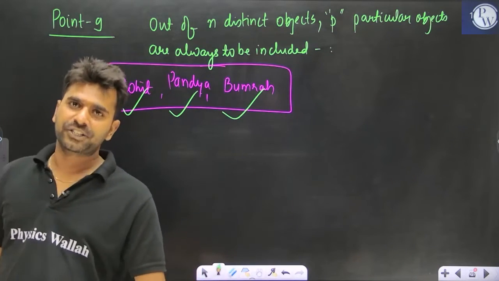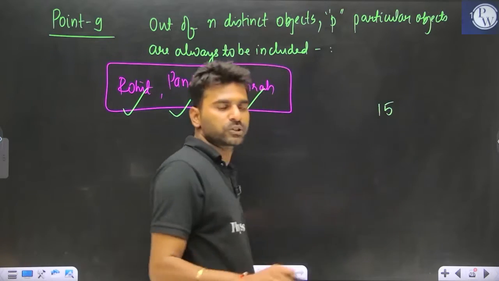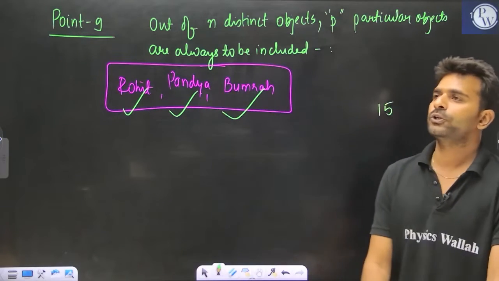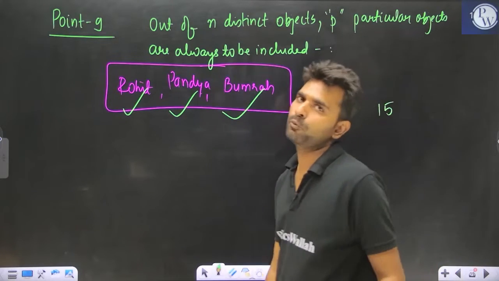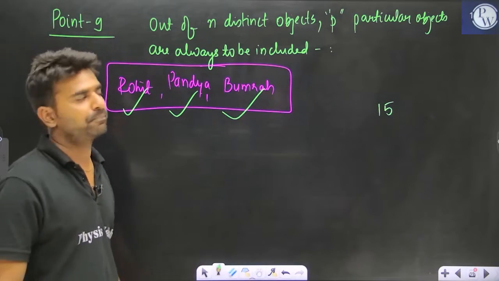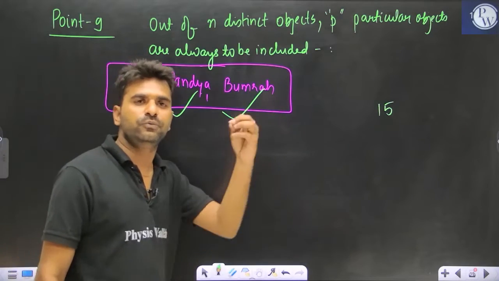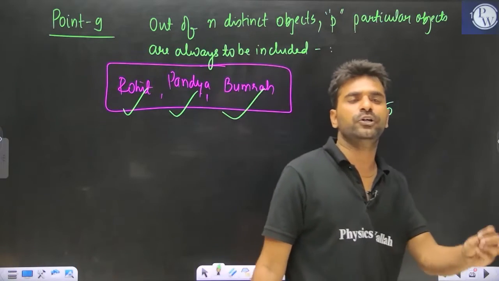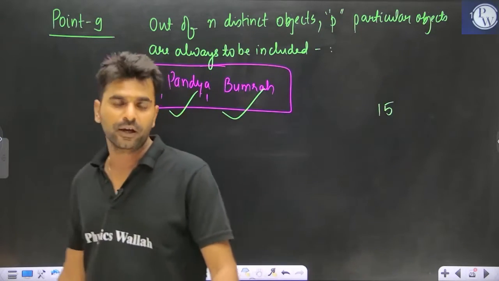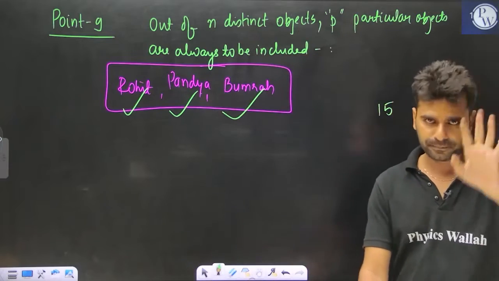Out of n distinct objects, let's say a 15-member squad was given, and out of them we have to select our playing 11. The coach told that Rohit, Pandya and Bumrah have to play because he is highly impressed with their performance. So these 3 have to be there. That means there is no other choice. We have to take Rohit. We have to take Pandya. We have to take Bumrah. If we are forming an 11-member team, then these 3 people have to be there.